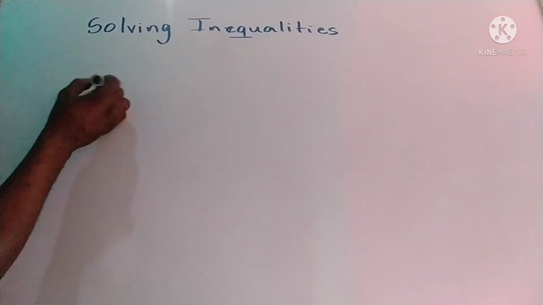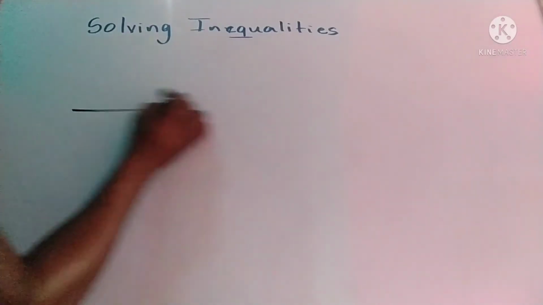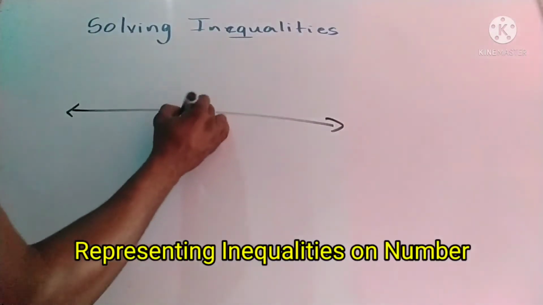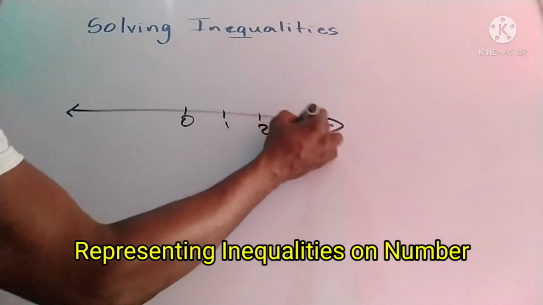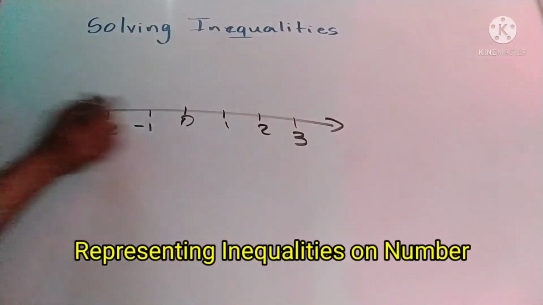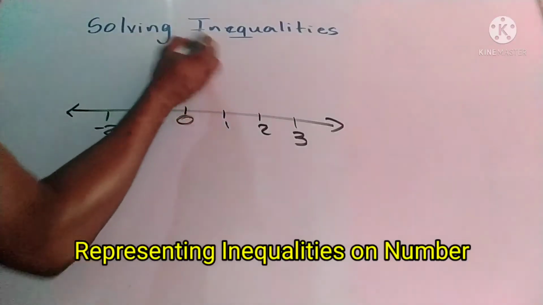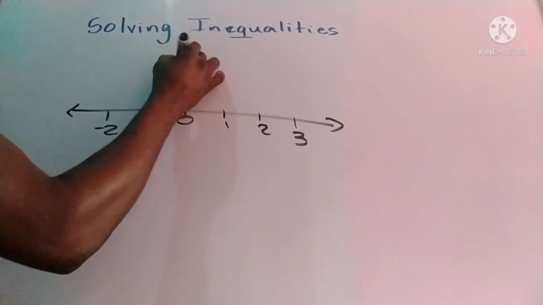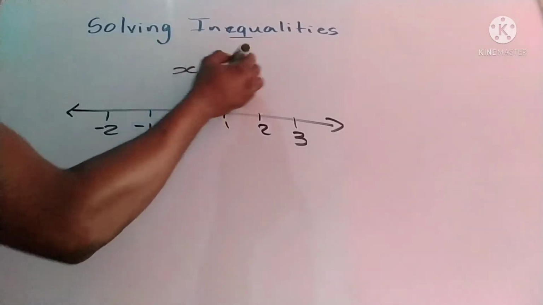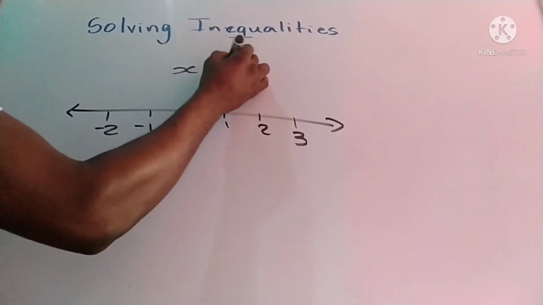Now, how do we represent these? So let us say I have my number line. All right, so here's my number line. I have 0, 1, 2, 3, -1, -2. I'll stop there. Let us say I want to represent x is greater than 2.